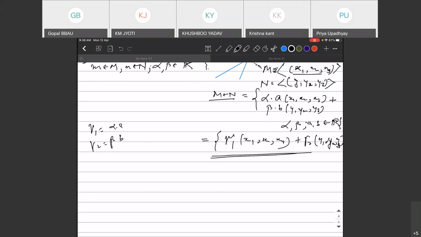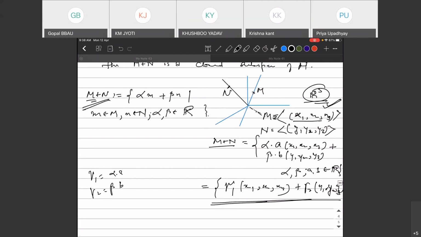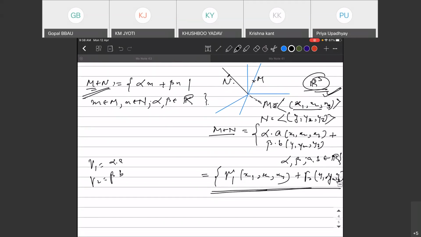Okay. And you know this is a plane in R3. So when you sum these two subspaces, you are getting a plane in R3. And that plane passes through the origin, because this 0, 0, 0 belongs to both M and N. So when gamma 1 is 0, it is 0, 0, 0.